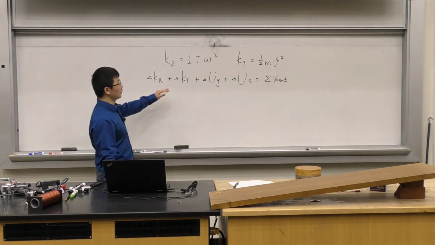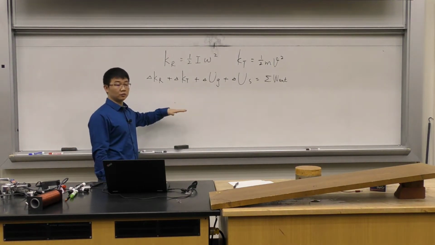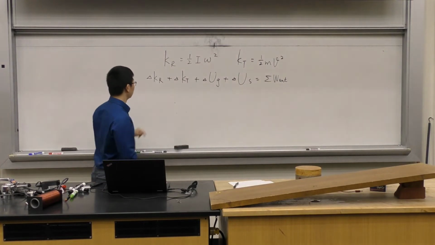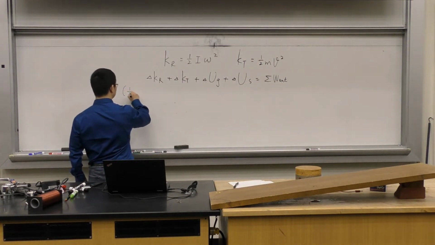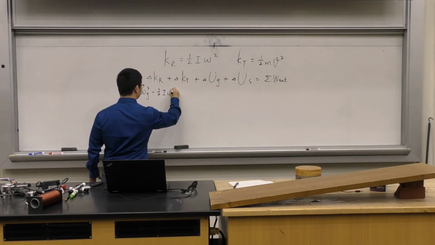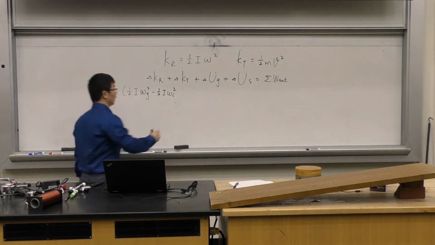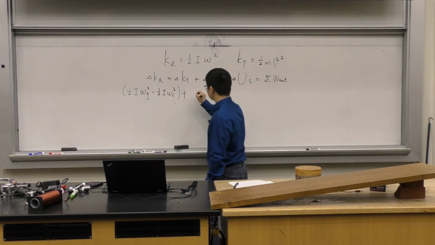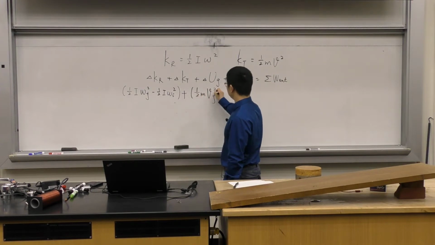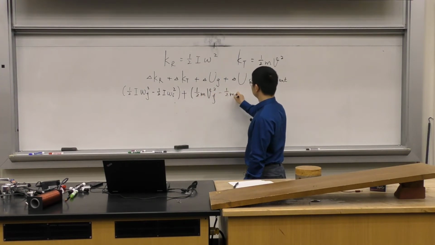Now let's set it up. Setting up these conservation laws is very easy. I don't even need the details of the problem. The rotational term is always going to be 1/2 I omega final squared minus 1/2 I omega initial squared. The linear kinetic energy is the same, final minus initial.